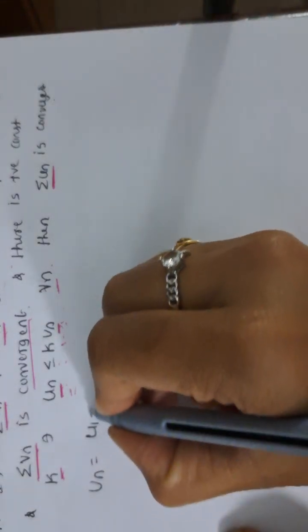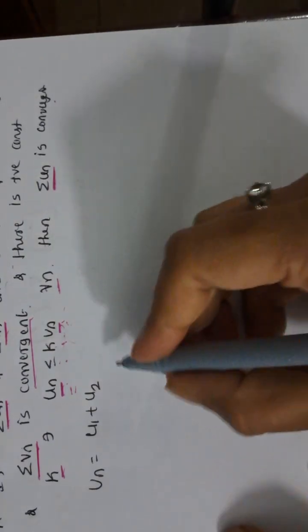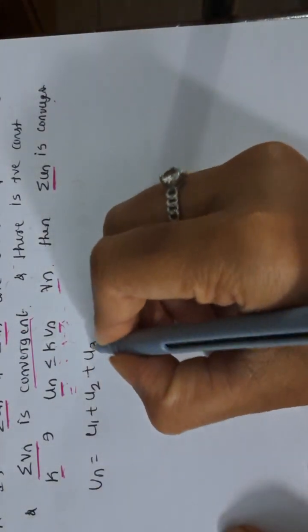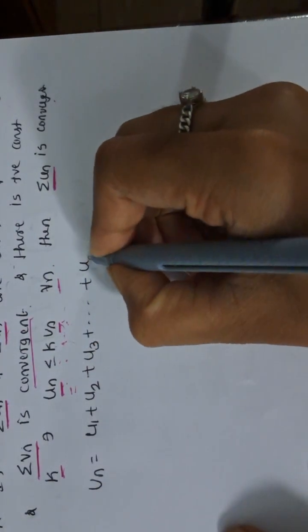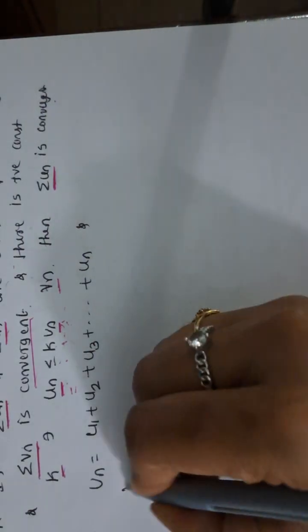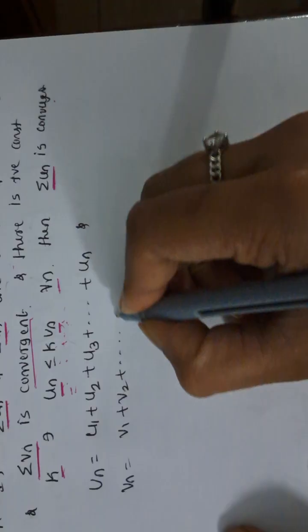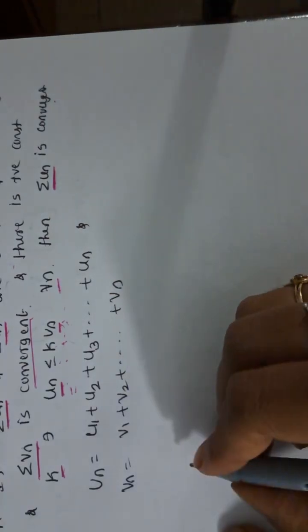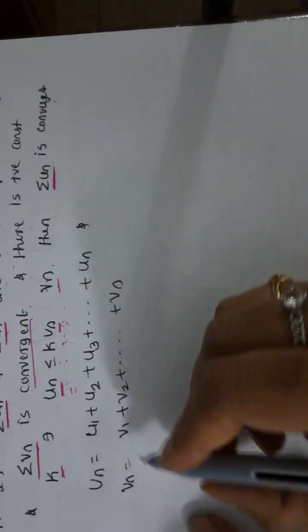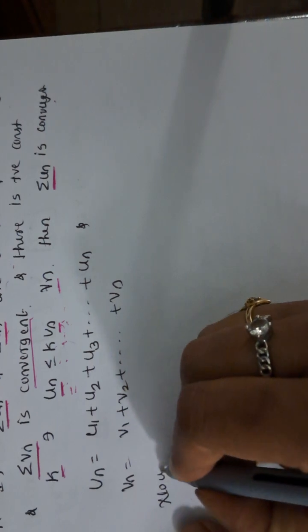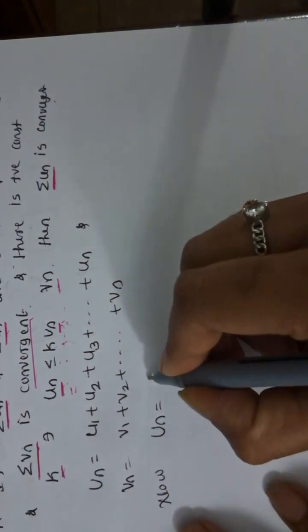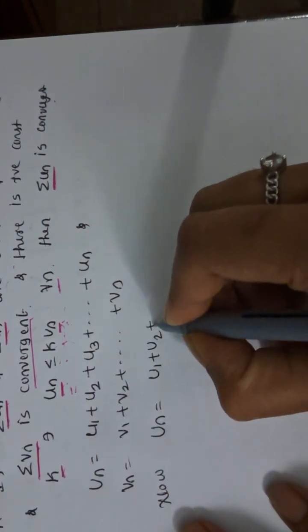Say un is u1 plus u2 and u3, say up to un, and vn is v1 plus v2, v3 up to vn. Now let us consider un again. This is our u1, u2, up to un.